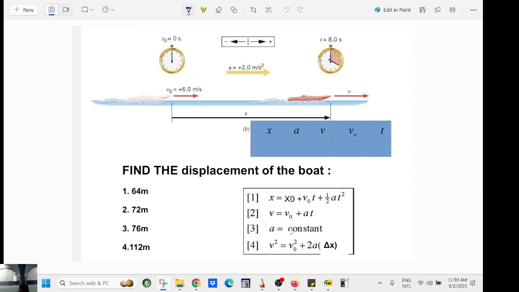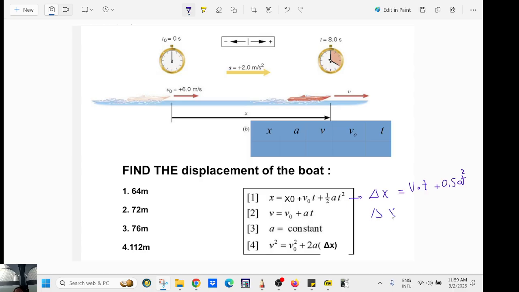What's your question? Can you use one equation, just reorganize it to find it? Yeah, you can reorganize this one. You can say delta x equals initial speed times t plus 0.5 a t squared.